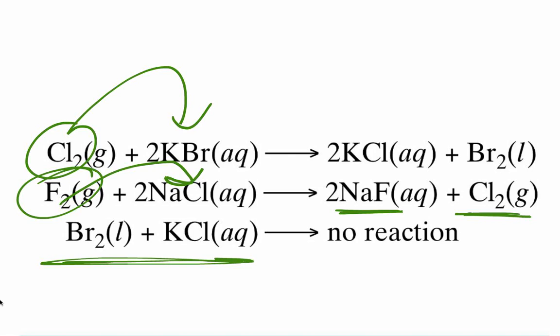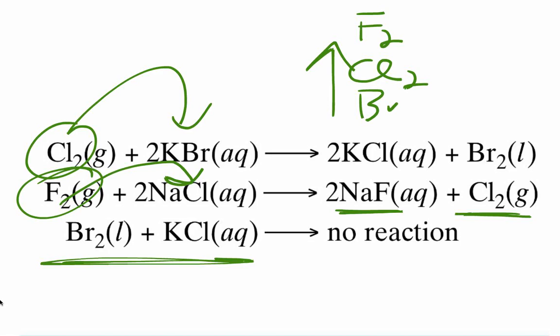Notice there is a reactivity series for these. So as we go up the periodic table of our halogens, remember fluorine is the most reactive, followed by chlorine, followed by bromine. So the more reactive nonmetal will replace the less reactive nonmetal. So that's why, notice chlorine, which is here, can replace bromine, which is below it on the periodic table. But notice bromine cannot replace chlorine.